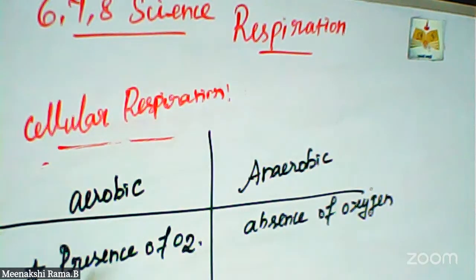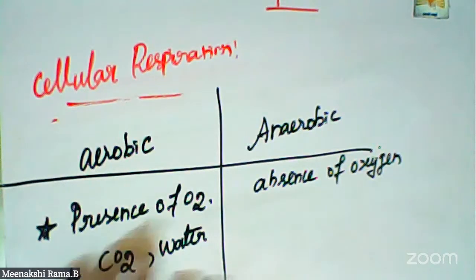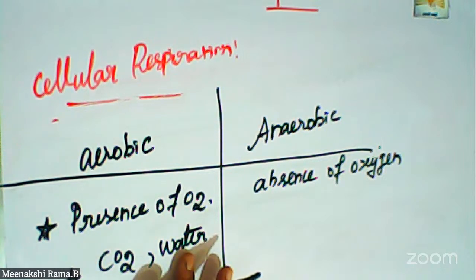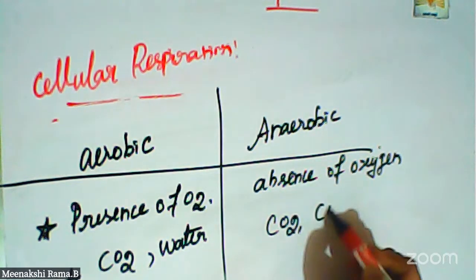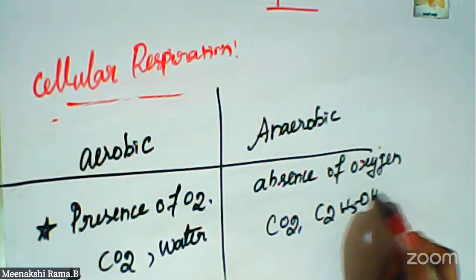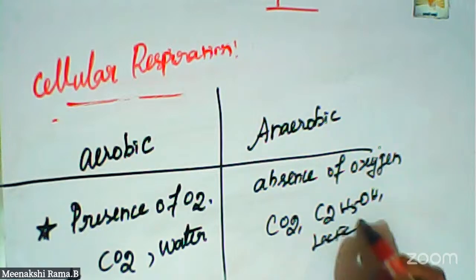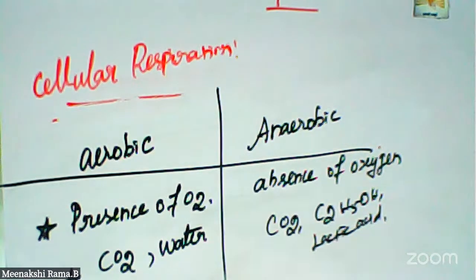The second point of difference is the end products. In aerobic respiration, the products are carbon dioxide and water. In anaerobic respiration, the end products are carbon dioxide and ethanol, and lactic acid also.